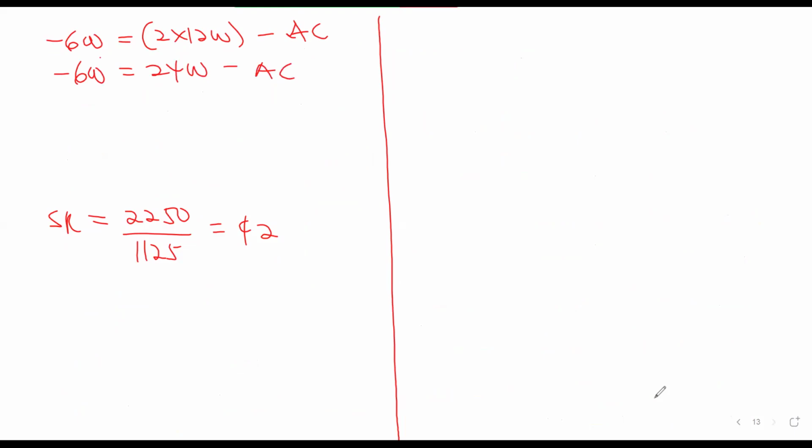You don't have to find the actual rate per labor hour again, because if you do that, you still come and multiply by the actual hours worked. So just leave it. Negative 600 is equal to 2,400 minus the actual cost. So our actual variable overhead cost is equal to 3,000 Ghana cedis. Is that correct?